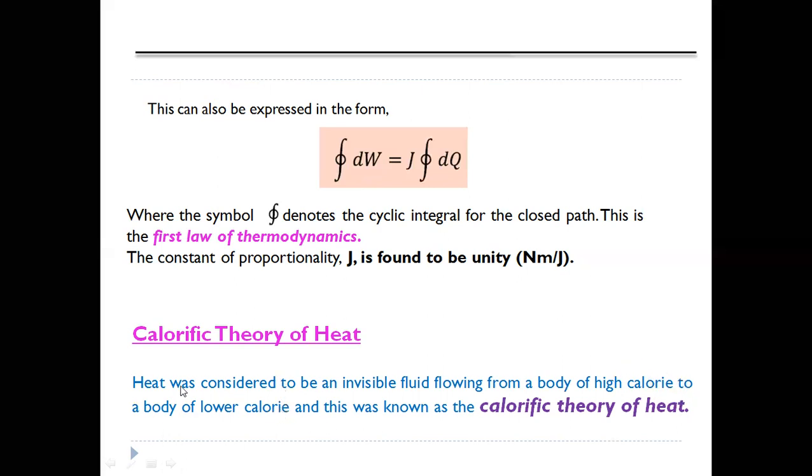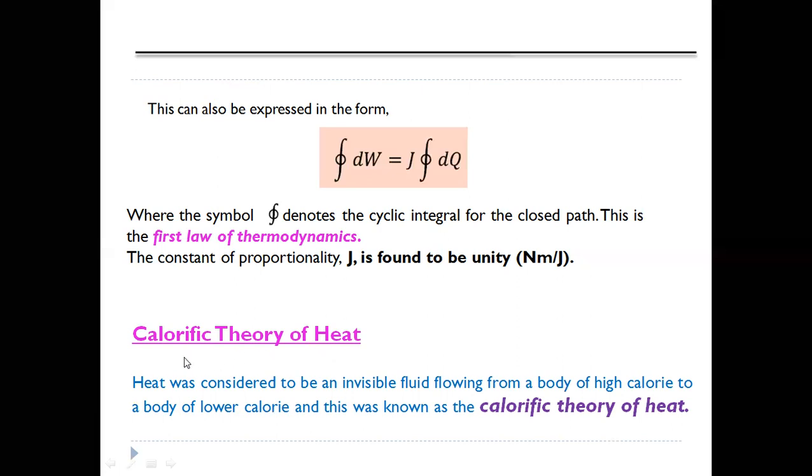The heat transferring between those two bodies cannot be a visible fluid, that means we cannot see that heat. It is an invisible fluid which will flow from a higher calorie body to a lower calorie body. So this statement is known as the calorific theory of heat.